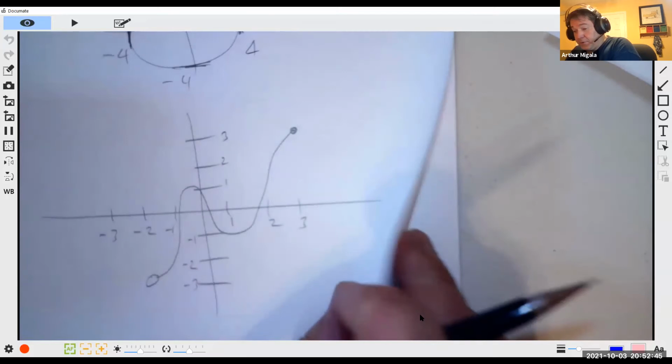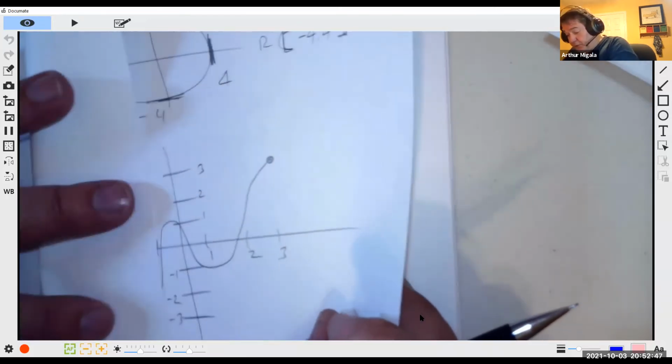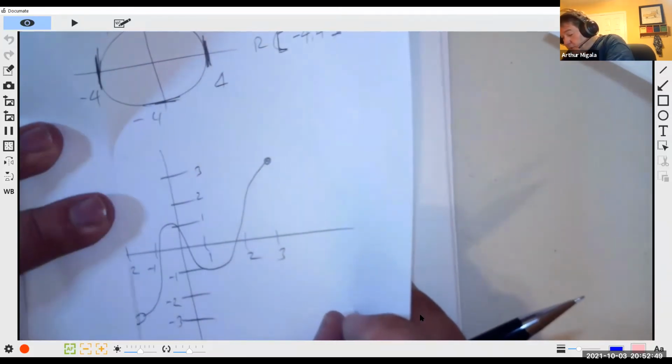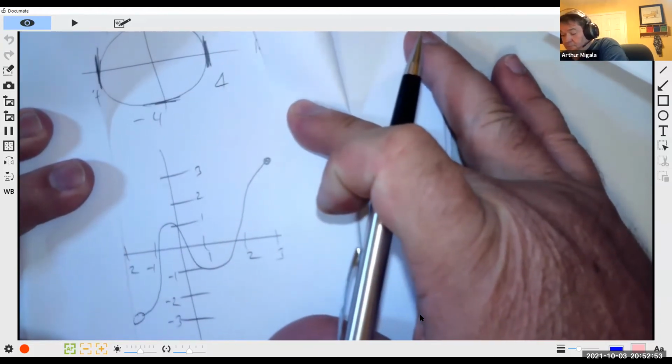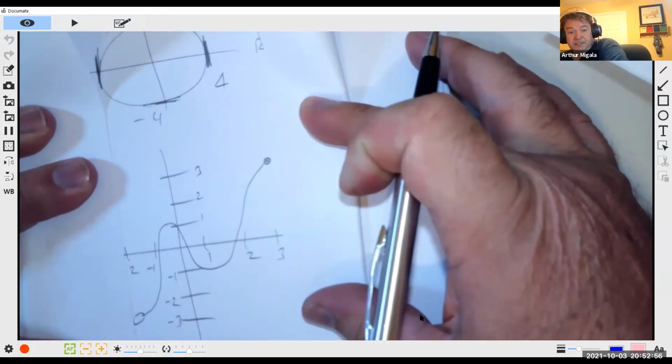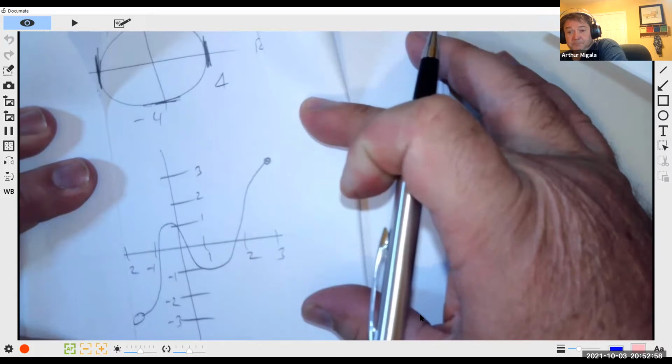Take your paper and fold it so it's at both ends of the graph. See the numbers where it's bounded by?